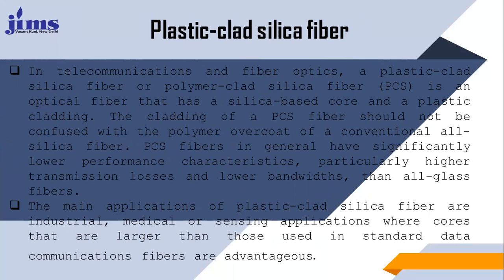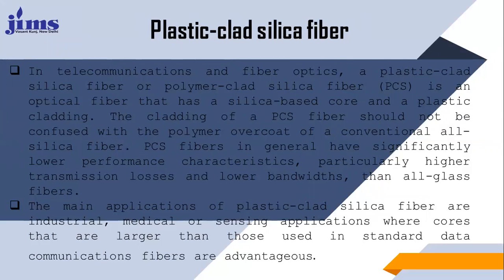The cladding of a PCS fiber should not be confused with the polymer overcoat of a conventional all silica fiber. This plastic clad silica fiber, which we call a PCS fiber, in general has significantly lower performance characteristics, particularly higher transmission losses and lower bandwidth than all glass fiber. So this PCS has some drawbacks as compared to pure glass based fiber that we already discussed.